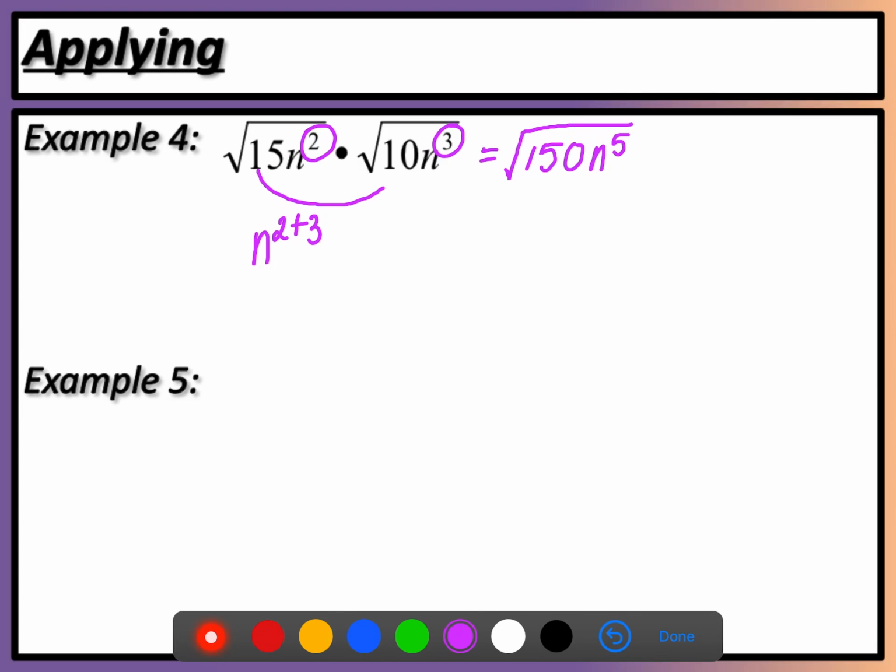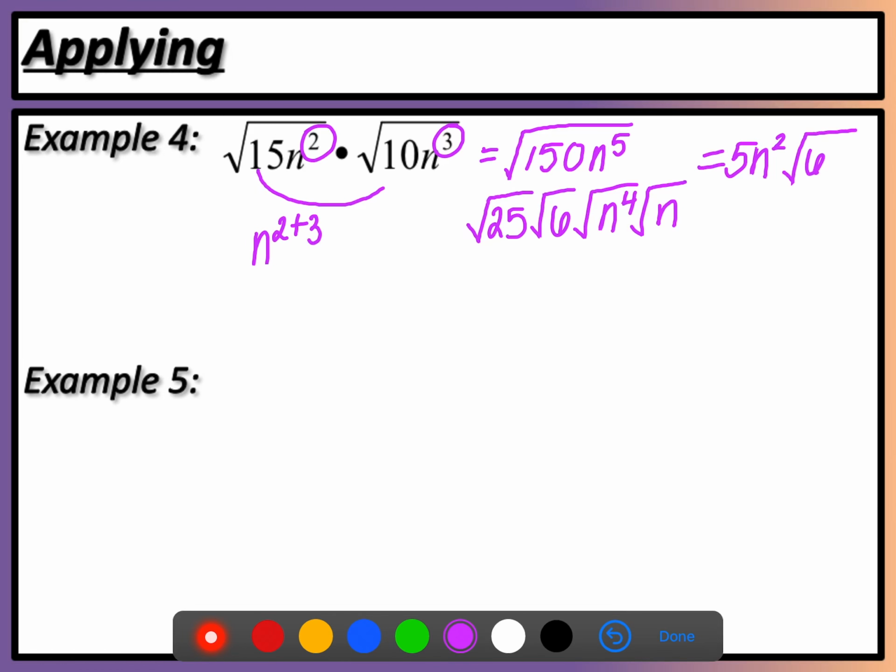So I'm going to split 150 into 25 and 6, and I'm going to split n to be n to the 4th, because remember I'm looking for an even exponent. Now I can simplify: 5n squared square root of 6n. Remember, the variables, we just divide by 2.